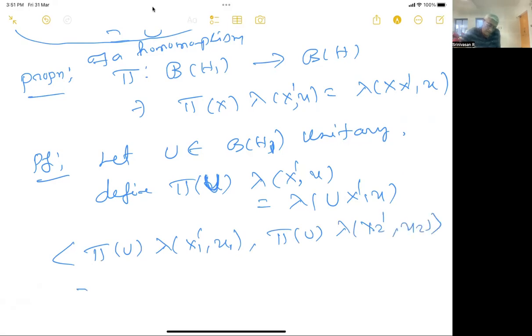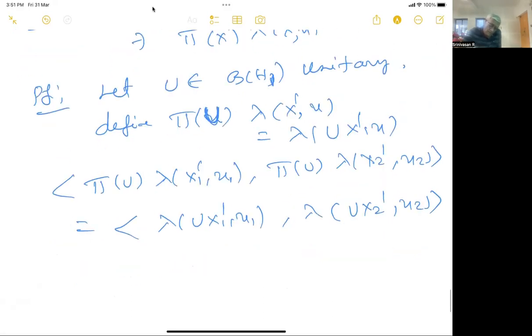This is equal, by definition, to the inner product of lambda of u x1 prime, u1 with lambda of u x2 prime, u2. Now there is no y part, so it should be y1 here.